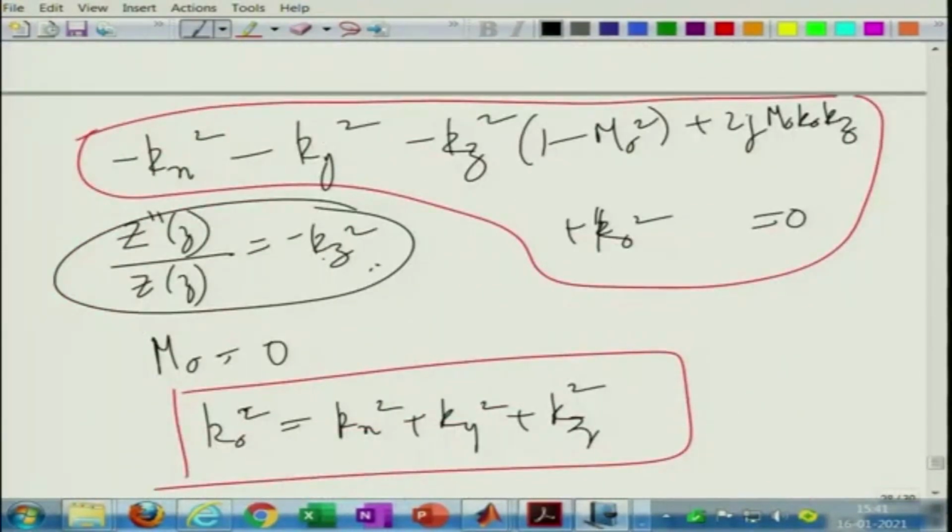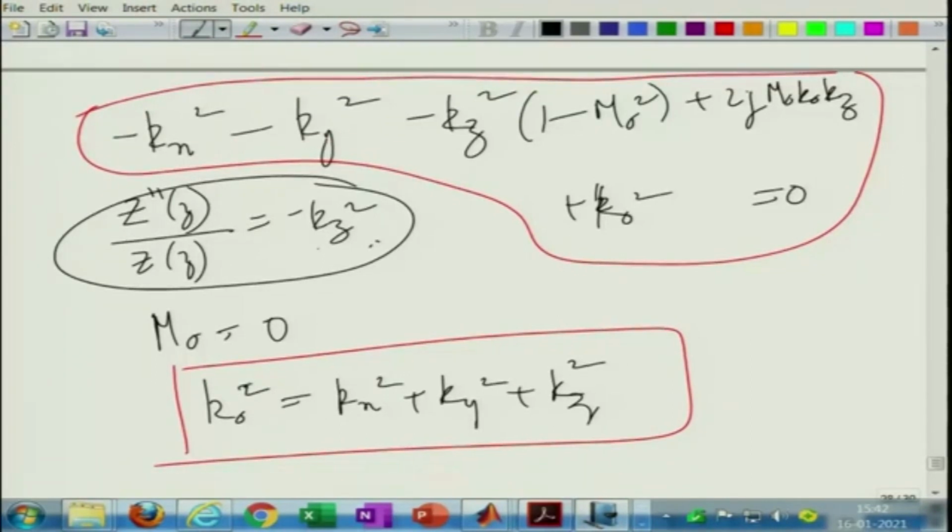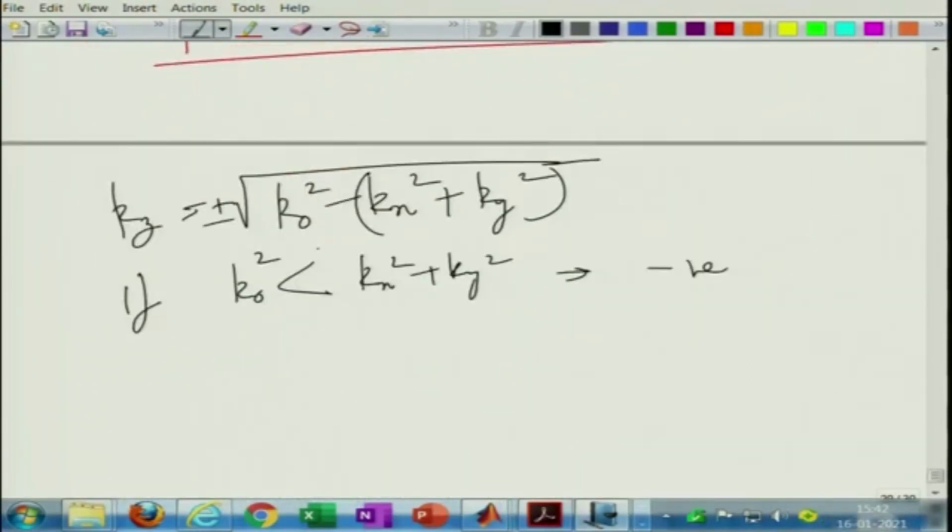We will see that if kz is purely imaginary, then the solutions are either spatially growing or exponentially decaying. Such waves, the solutions which decay exponentially in space, are called evanescent waves.